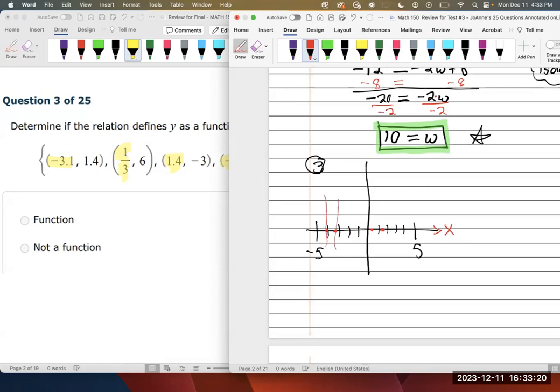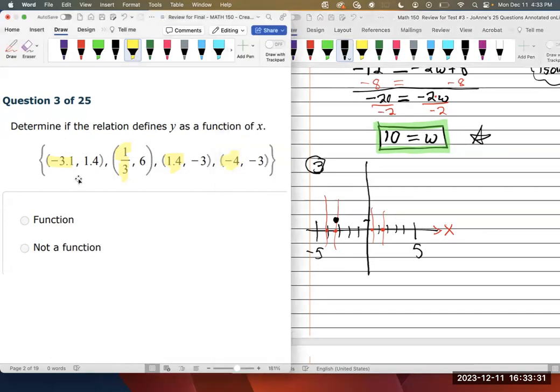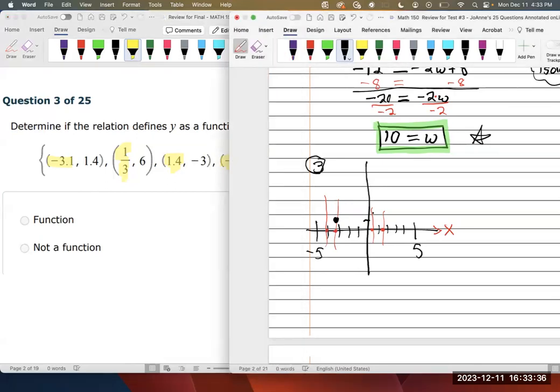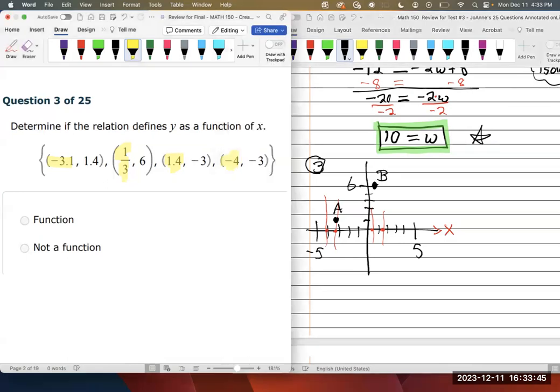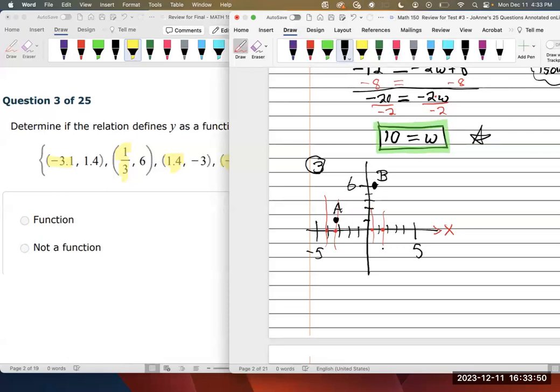My vertical line test will be satisfied because negative 3.1, 1.4 will be somewhere around here. That's my point A. Point B, 1/3, 6: 1/3, up 1, 2, 3, 4, 5, 6. 1/3, 6 would be about right there. If that's my point B, there's my point A. 1.4, negative 3, about here.